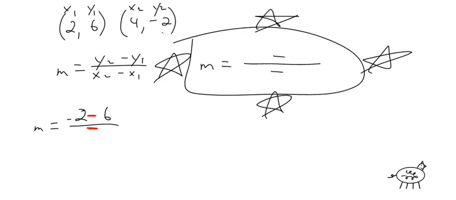And you got to keep the same order. So that's y2 and y1, and then x2, this is going to be 4 and a 2. All right, so negative 2 minus 6 is negative 8. 4 minus 2 is 2, so my slope is negative 4. That's the answer to that problem. Okay, it's relatively easy. Let's try a couple more.